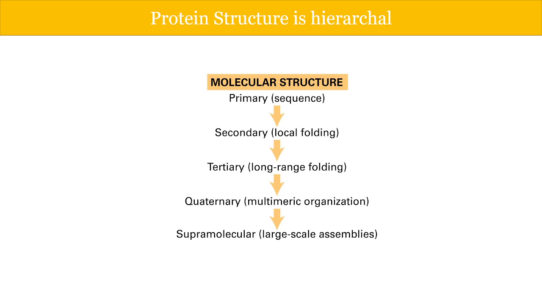Now some of the residues can be involved in the formation of different secondary structures. So there are stretches of amino acids which form alpha helices, some form beta sheets, some can be involved in loops and turns. So these structures fall under the category of your local folding or your secondary structures.